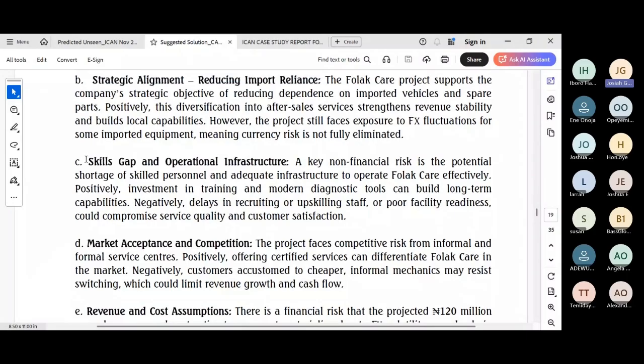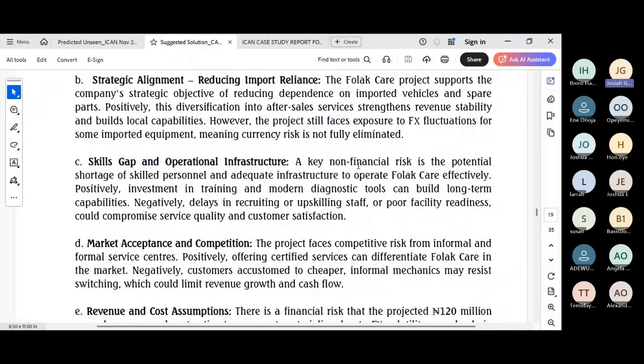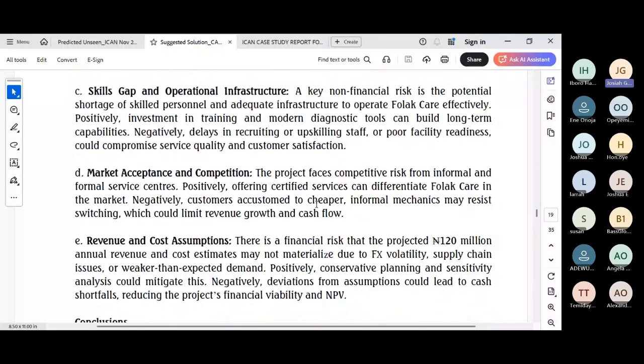The third aspect is skills gap and operational infrastructure. This is a non-financial risk actually, but we're saying that positively investment in training and model can build long-term capabilities, while negatively delays in recruiting or skilling staff could affect service delivery and customer satisfaction. The next one is market acceptance and competition.